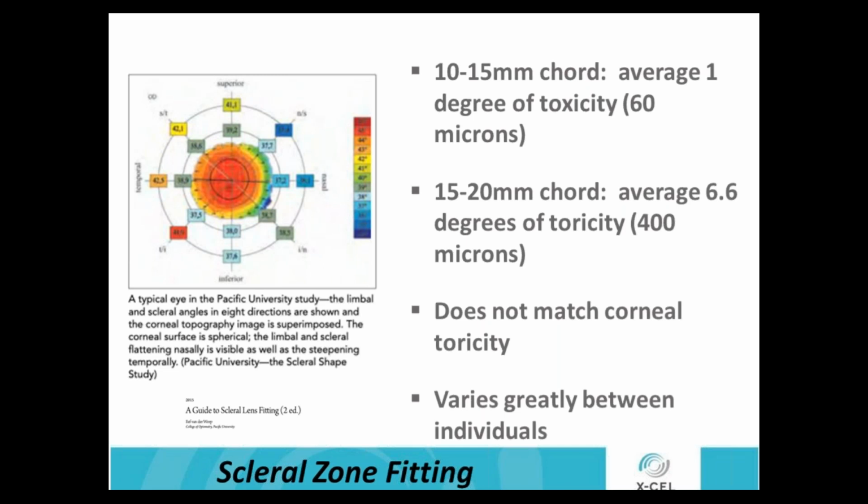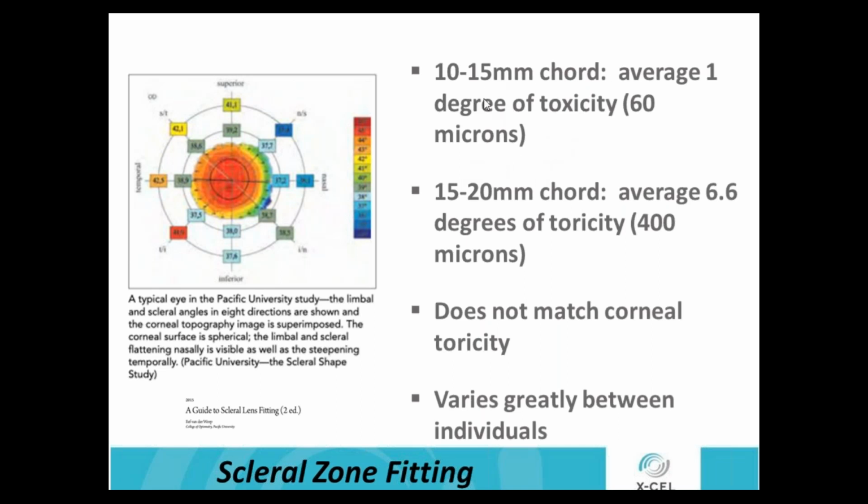And this is some nice clinical data. Pacific University does a great job, and Pat Caroline, on really getting us as much information as we need to fit these patients, or to have better fits on these patients for long-term success. So going back, we talked about, is there a difference in your meridians, in your 0, 180, and your 90 meridian as we move beyond the scleral or the limbal area?